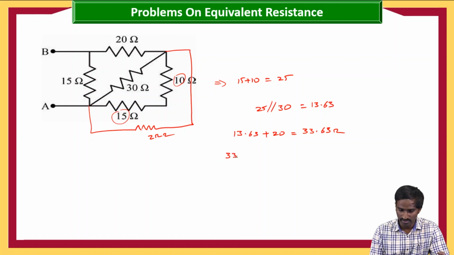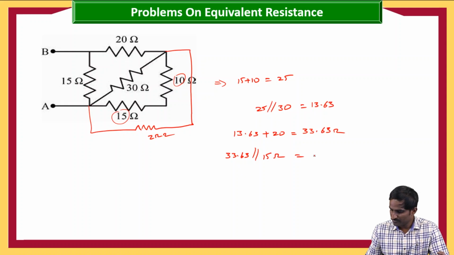So 33.63 is in parallel with these 15 ohms. Then this 33.63 into 15 divided by 33.63 plus 15, which is 48.63. Then you will get the answer, it is 10.375.